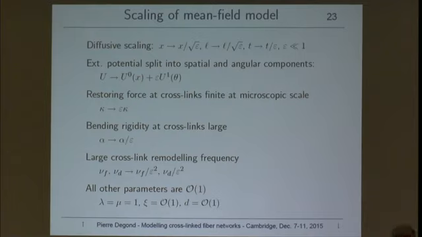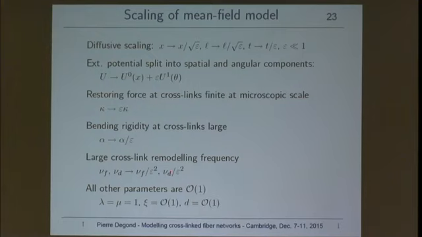So we're not making the crosslink force infinite in the large scale limit, which may be questionable, but it turns out that it's a good scale for what we want to get in the end. I'm not saying that these are the only choices, and we're exploring other possible scalings that could give more relevant macroscopic models, but at least this one gives you something at the end.